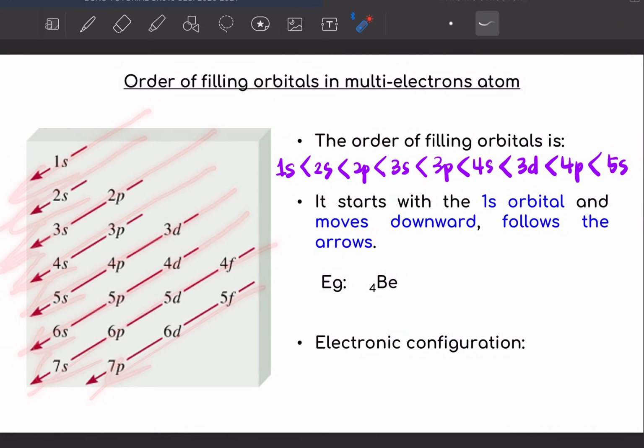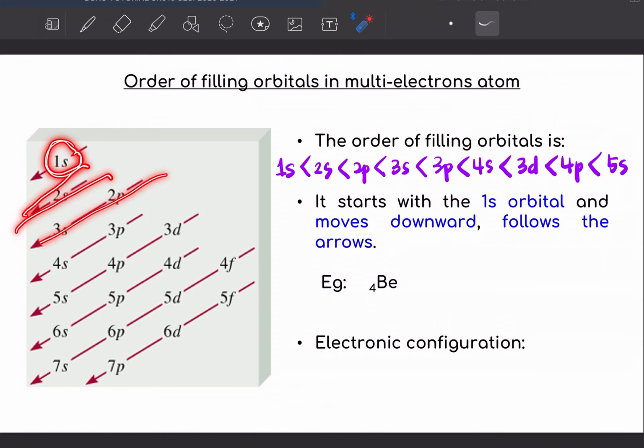So this is the sequence for you to fill in your electrons from your lowest energy orbital ascending to the higher energy orbitals. This means that the 1s orbital is the lowest in energy, and the 7p orbital is the highest in energy.